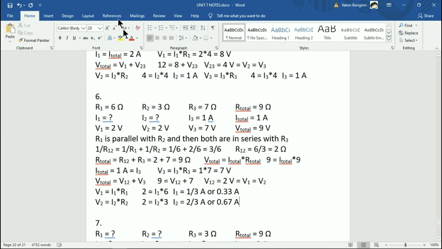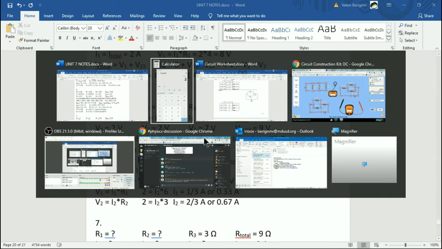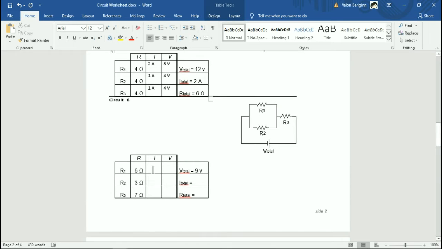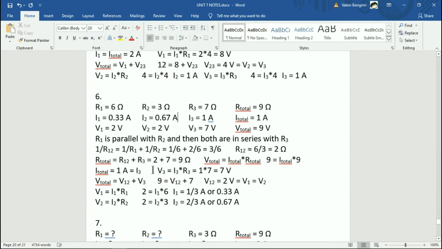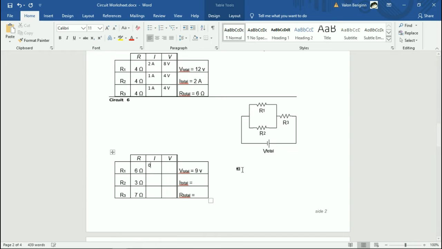Okay, I think I did all that right now. Double check. Let me put the numbers in first. We have the currents: 0.33, 0.67, and 1. Voltages are 2, 2, and 7.